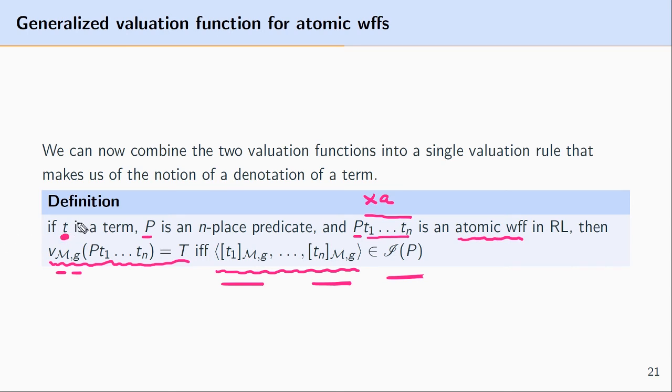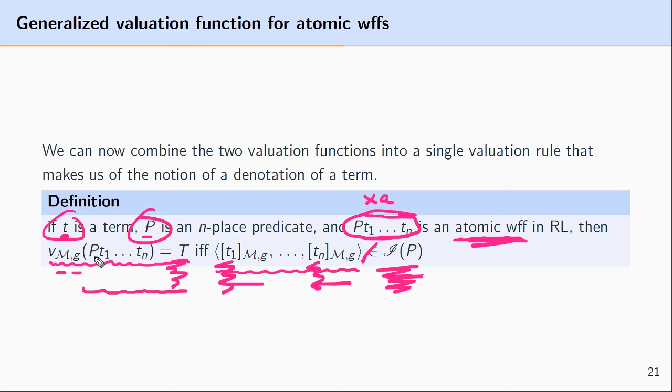We have a term t, an n-place predicate p, and then we have a formula that consists of the combination of those, and we say it's an atomic well-formed formula. We can say that this formula is true provided the reference of those terms, that is the ordered pair, ordered triple, or ordered n-tuple, is in the extension of the predicate. And if it's not, that is, this ordered n-tuple is not in the extension, then we would say that this particular formula, the n-place predicate p followed by n terms, is false.